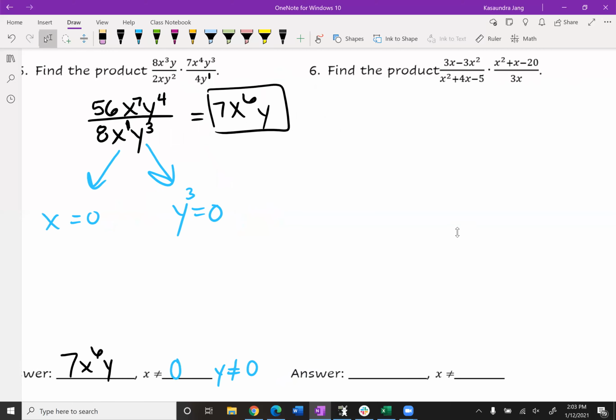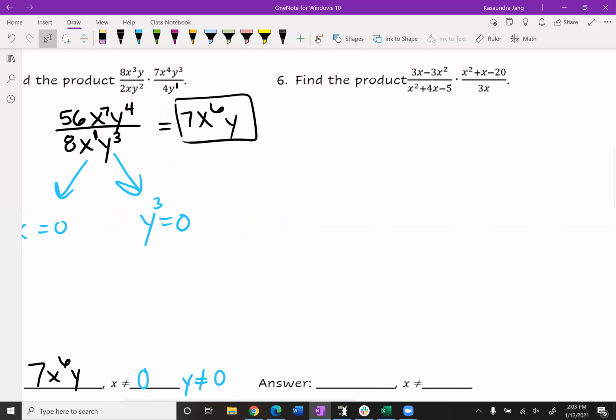Number 6 here. I've got some factoring to do. The numerator, let's do this top left one. Do you guys know how to factor that top left one? Yeah, you factor them separately and then do the times.